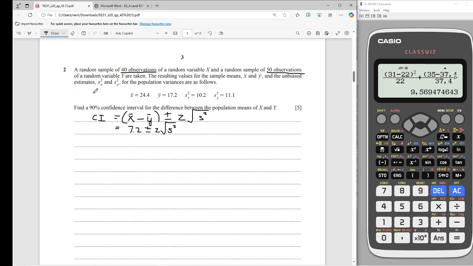Firstly, let's take note of the number of samples we have. Number of samples for x equals 40. Number of samples for y equals 50.